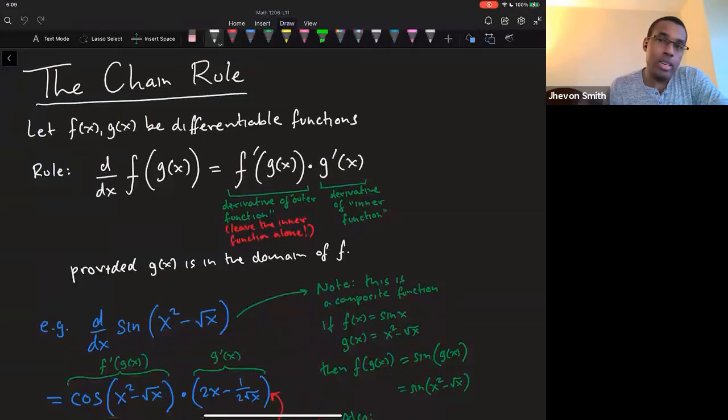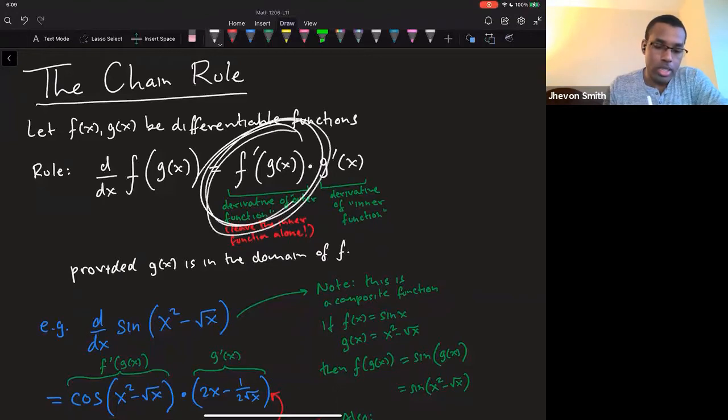How it does that is you differentiate the outer function and multiply by the derivative of the inner function. And of course, when you differentiate the outer function, as you can see here, you leave the inner function intact. Students often try to just differentiate everything all at once. They differentiate the outer function and the inner function. This is incorrect.